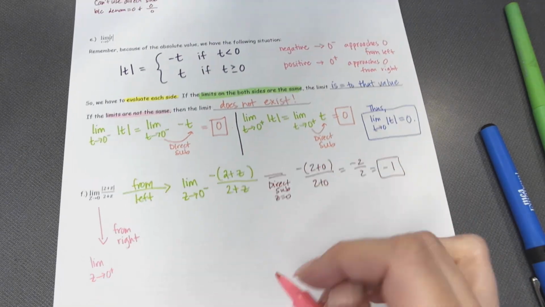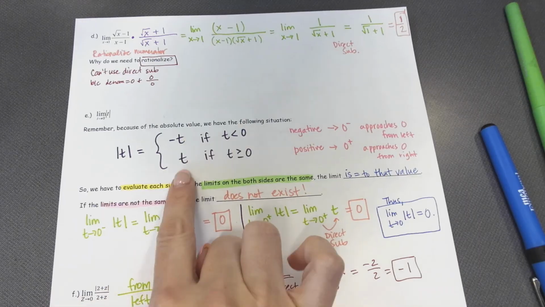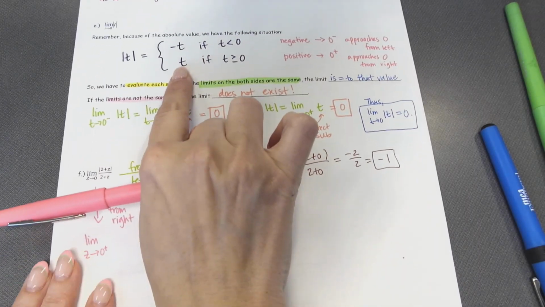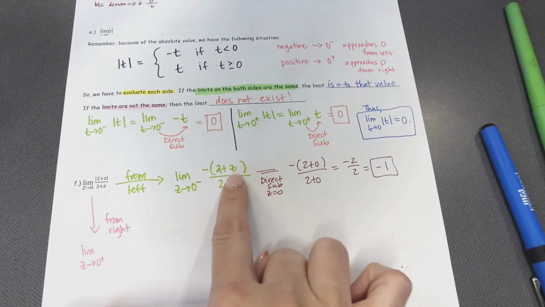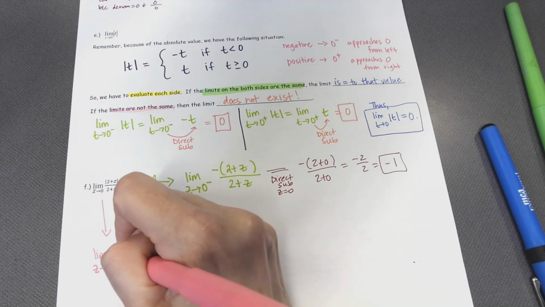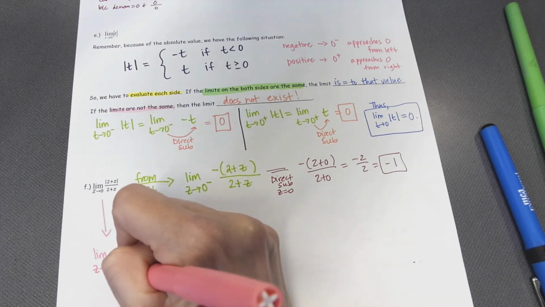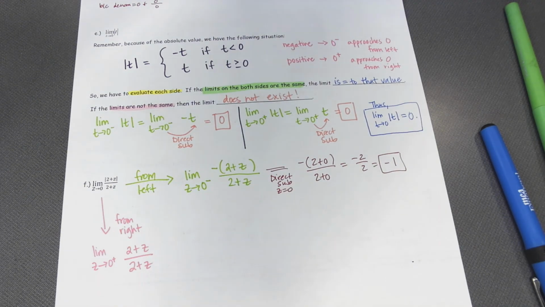Just like we did here, we had the opposite, we had the same. Here we did the opposite. Now we're going to have the same thing on the top. And the bottom has to stay the same because it's not even in the absolute value. And then you can just do your direct substitution.